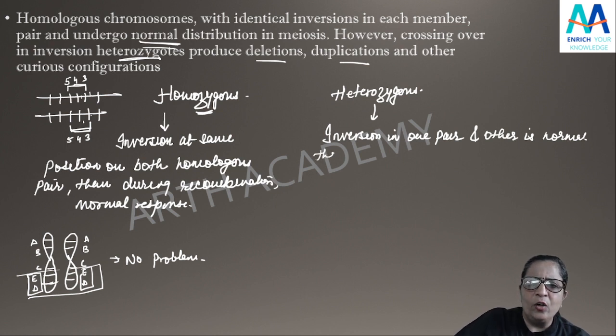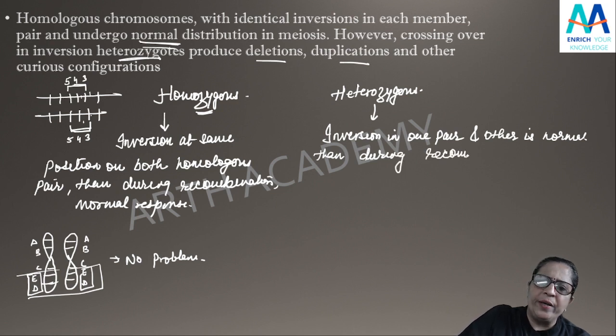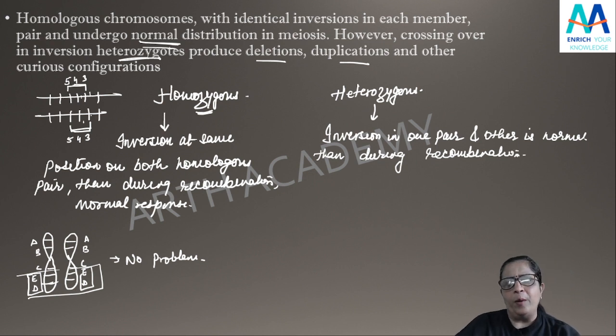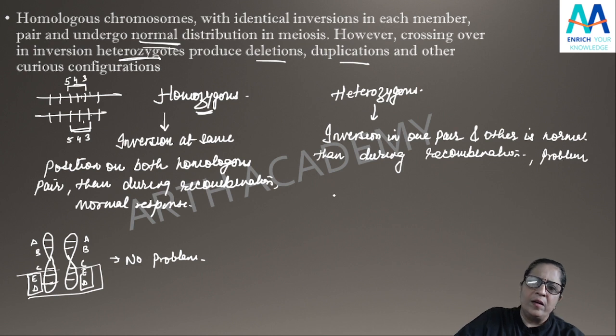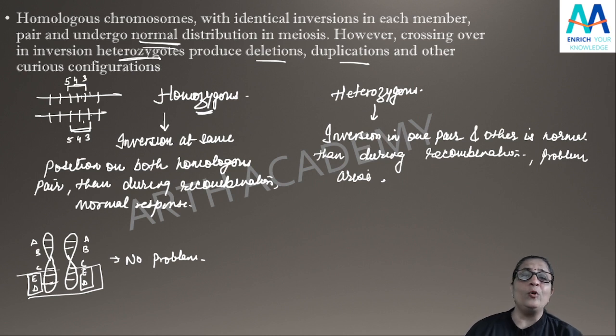Then during recombination, what will happen? During recombination problems can arise. There could be some sort of abnormalities, because how will the crossing happen? It will be unequal crossing over. How would it be unequal crossing over?